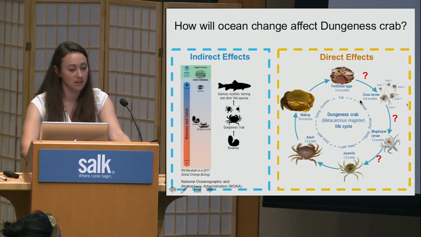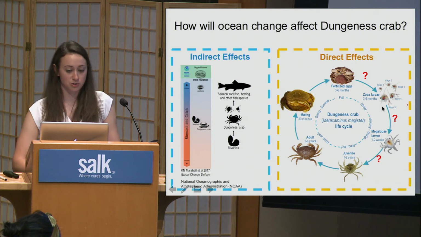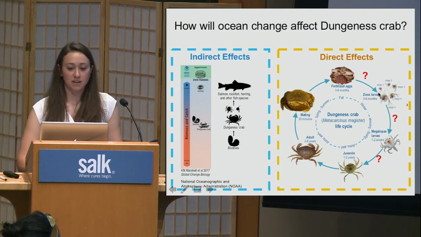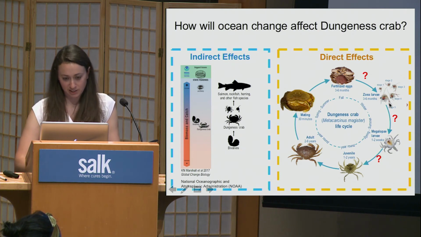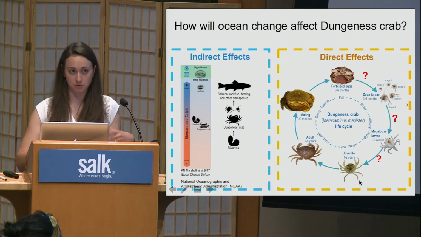And we think that this ocean change is most likely going to affect crabs during this early developmental time period in their lives, because during this time, the crabs are using a lot of their energy to grow and become larger animals. So we think that if they're also dealing with stress, they may not be able to grow as well.